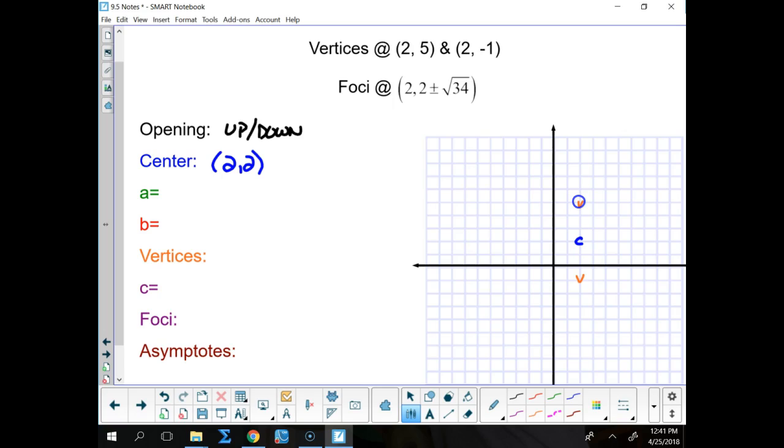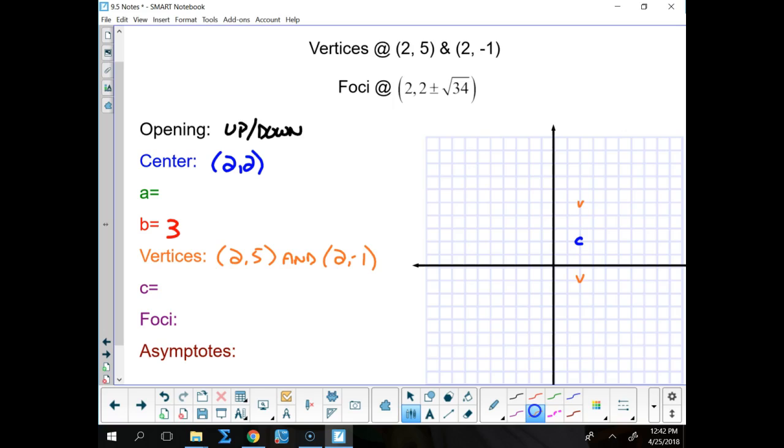That tells me my B value is 3. Agree? Okay. Anything else that it tells me? Well, it really tells me my vertices, because I just didn't write them down because I was lazy. Good?